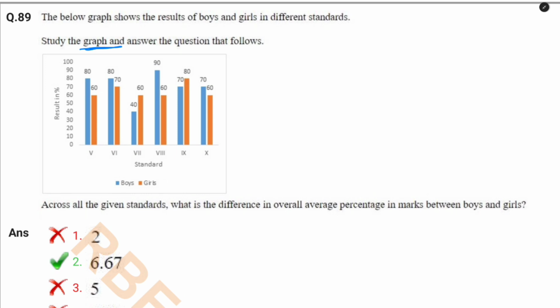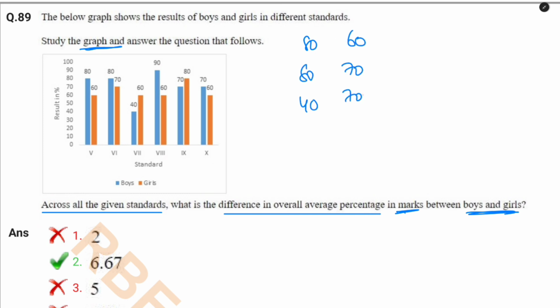So they have given a graph across all the given standards. What is the difference in overall percentage in marks between boys and girls? So first 80 and 60, next 80, 70, next 40, 70, 40, 60, next 90, 60, 70, 80, 70, 60.